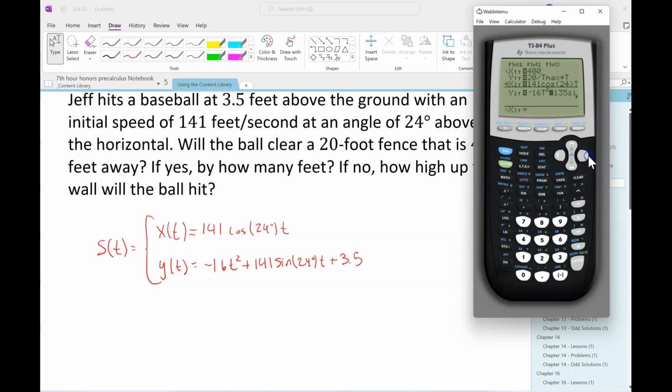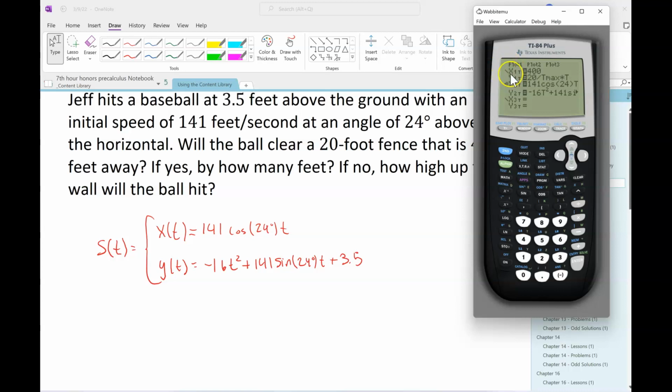So I'm just updating what was in my calculator before to reflect the current situation. My wall is now 400 feet away and 20 feet tall. My initial velocity is now 141 rather than 135. My angle is 24 instead of 16. And my height is 3.5 instead of 3. So I just updated everything on my calculator.